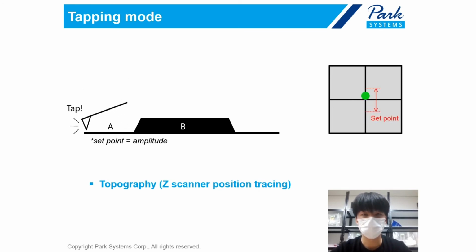And when the tip meets some height, the distance between the tip and sample gets smaller, which means the amplitude goes down from the initial one.